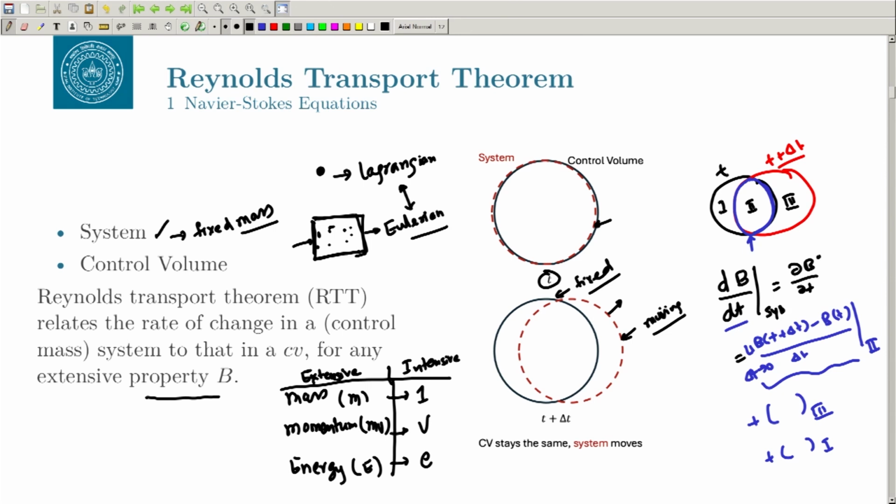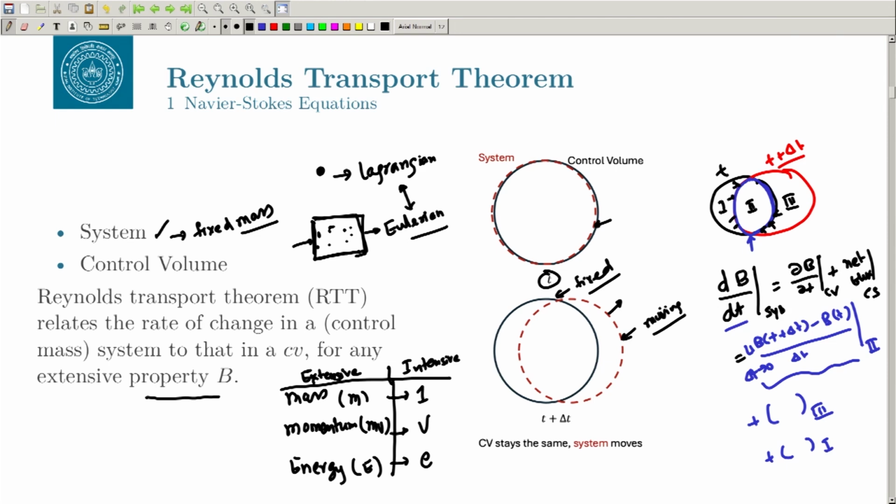But when it comes to the control volume, you will have partial B by partial t, which is basically the rate of change of the quantity B, and plus you will have changes in 3 and 2. So, basically that is the net flux, and that will be through the surface. So, you can call it control surface, right. So, these boundaries are basically the control surfaces. So, whatever you see, these are the control surfaces.